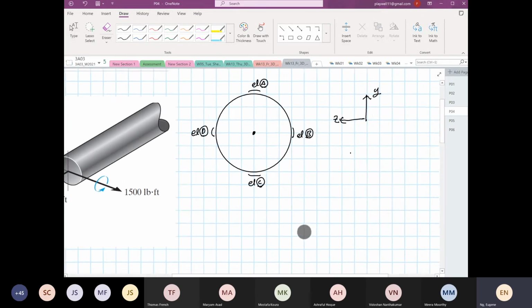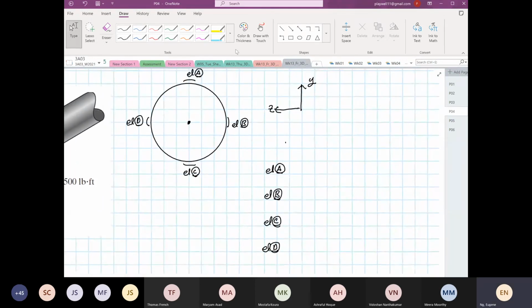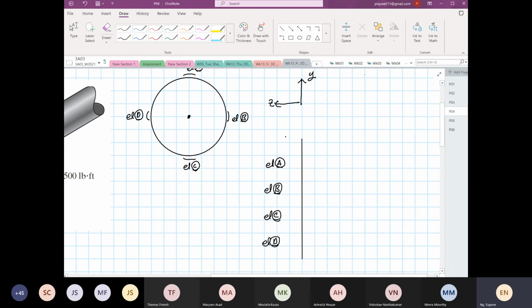So now we are going to look at the elements. We're going to formulate a table. So element A, element B, element C, element D, right? So we have a vertical line. The first thing we're going to look at is the shear stress, right?